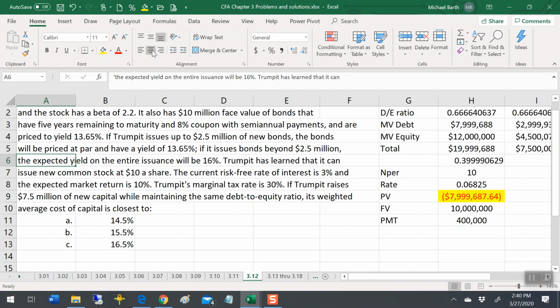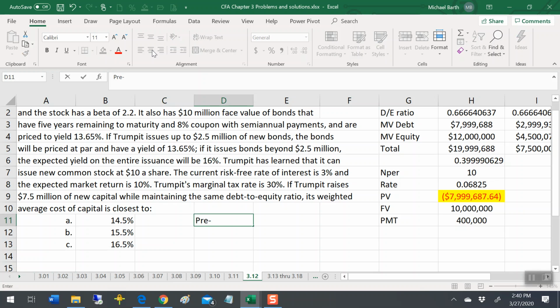Okay, so the expected yield on the entire issue: if they go beyond $2.5 million, the pre-tax cost of debt will be 16%. All right, so the pre-tax cost of debt is 16%.